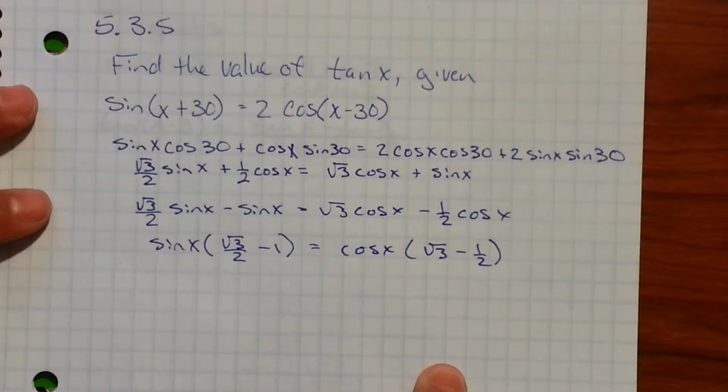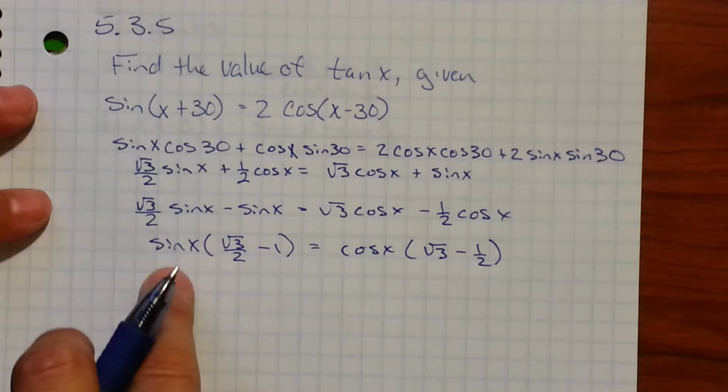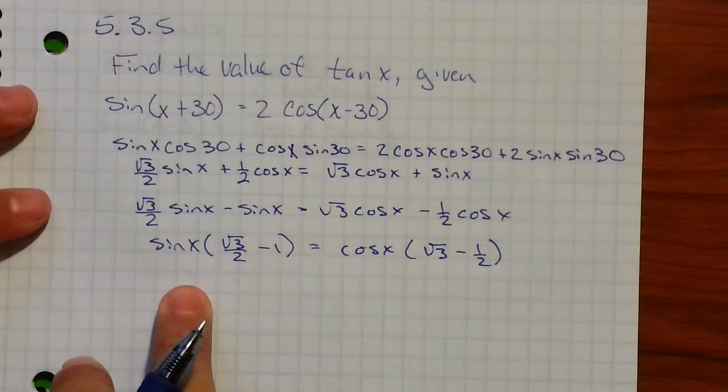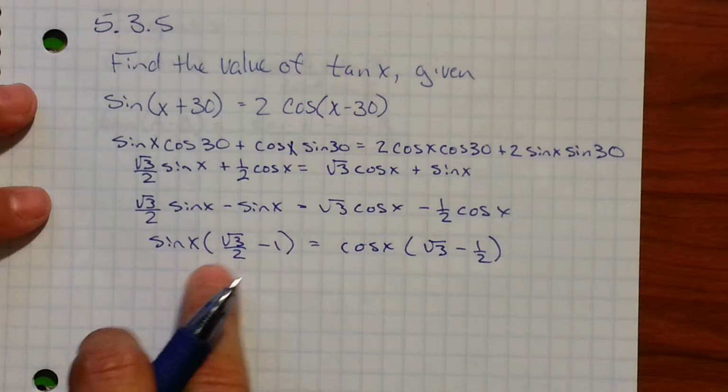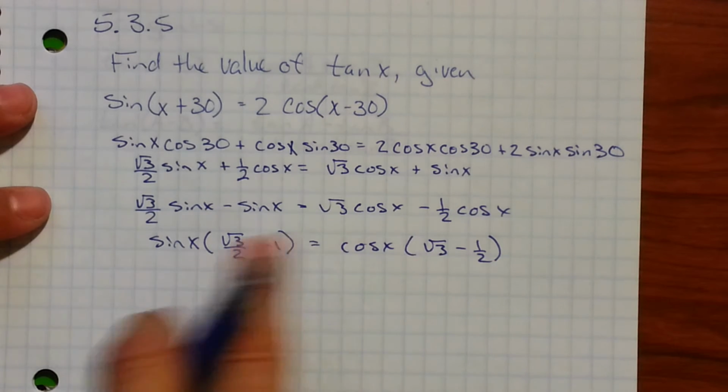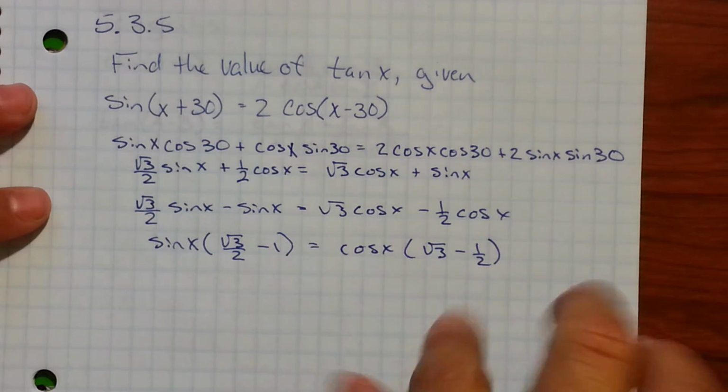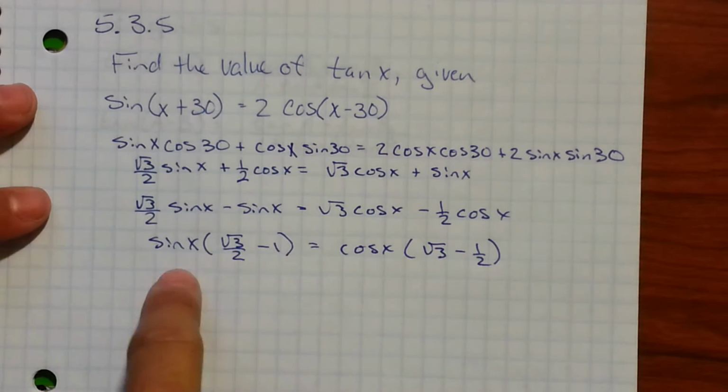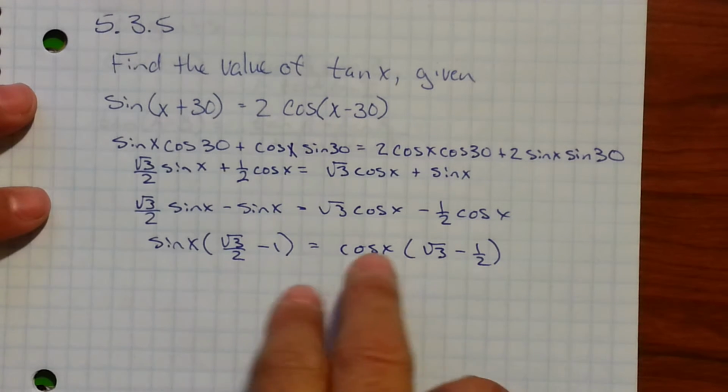Now I'm going to use the identity that tangent is equal to sine over cosine. So I'm going to divide both sides by cosine, and also by this factor.